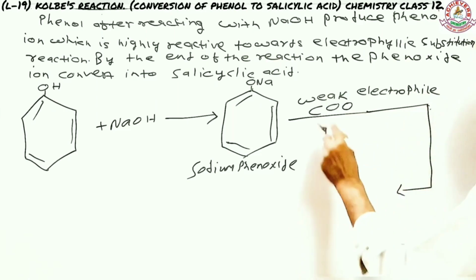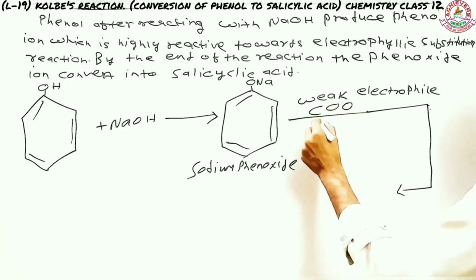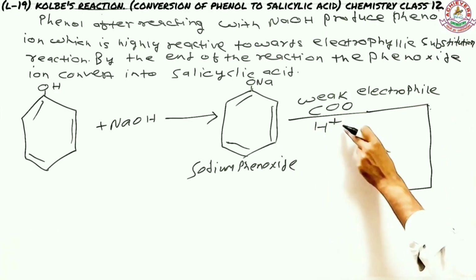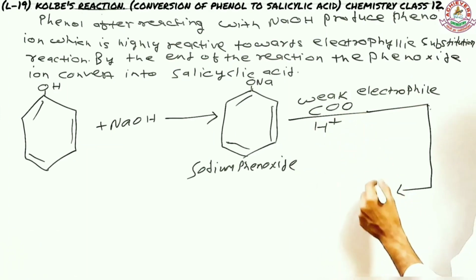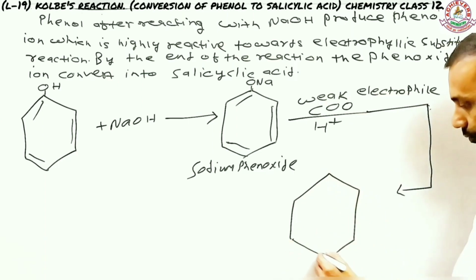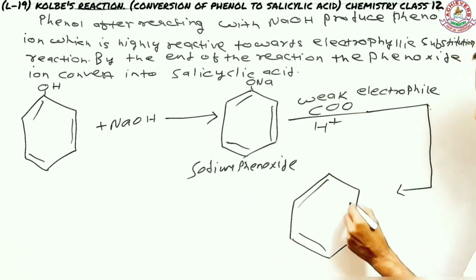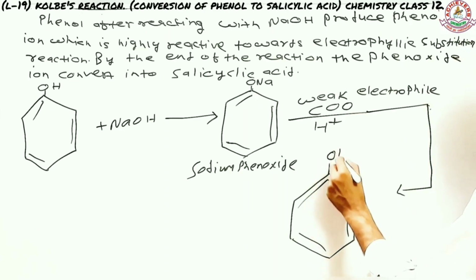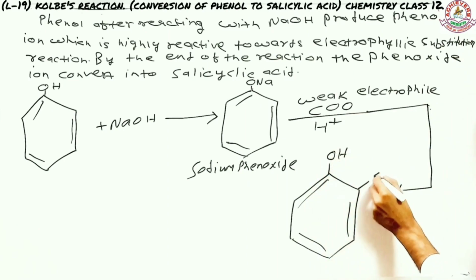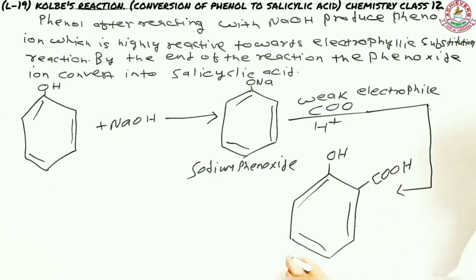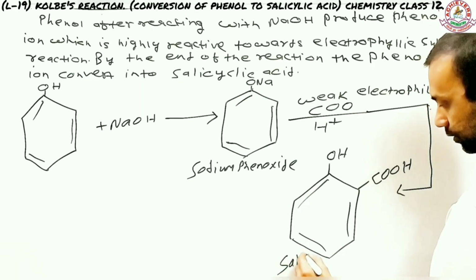So first it reacts with carbon dioxide and then it reacts with hydrogen ion. I'll tell you where the hydrogen ion is actually coming from. So it undergoes electrophilic substitution reaction to produce this product called salicylic acid.